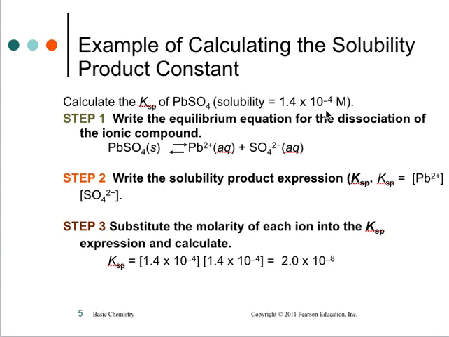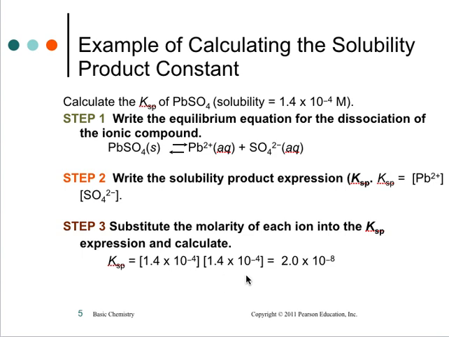So the K sub sp is going to be the concentration of the lead times the concentration of the sulfate. So we substitute that in. And remember, this is a solid, so we're going to ignore it. There's nothing on the bottom. It's just divided by 1.